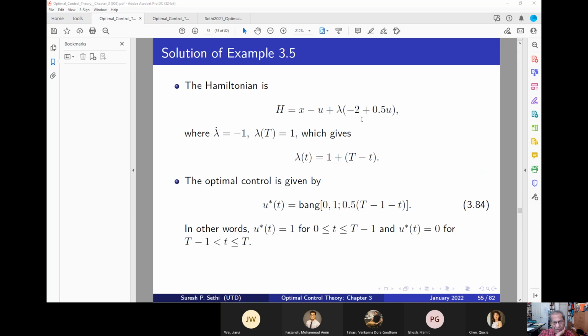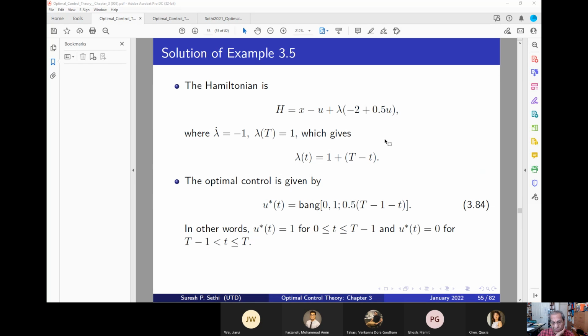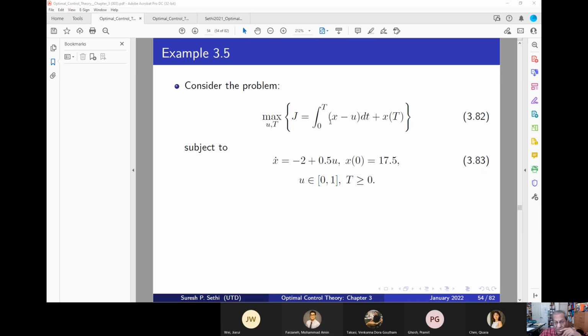So the Hamiltonian is x minus 2 plus lambda times this. Lambda dot is -1. Lambda of t equals 1 because it's a free endpoint problem, which I can solve for lambda exactly. But remember, I'm solving in terms of t.